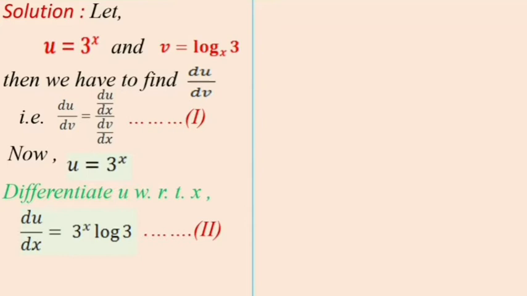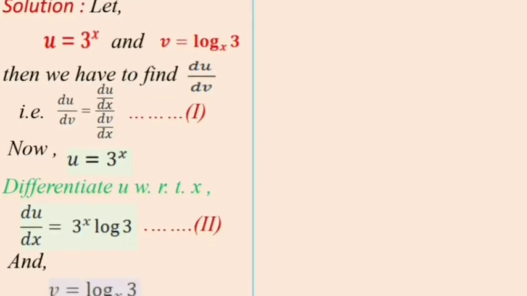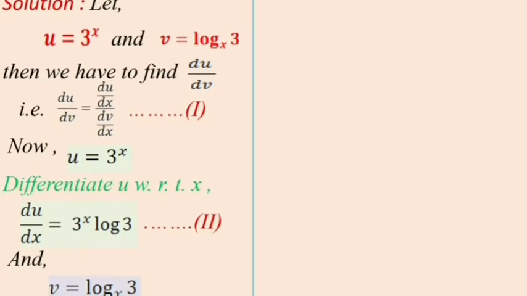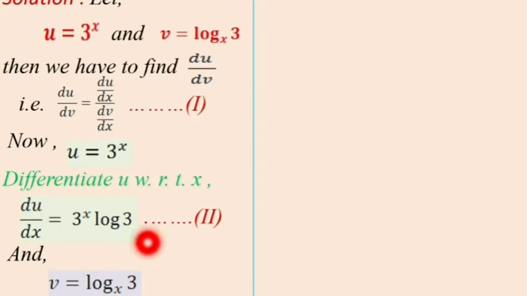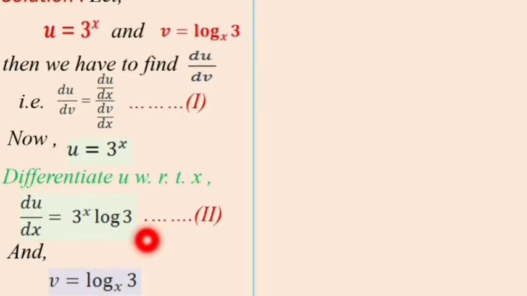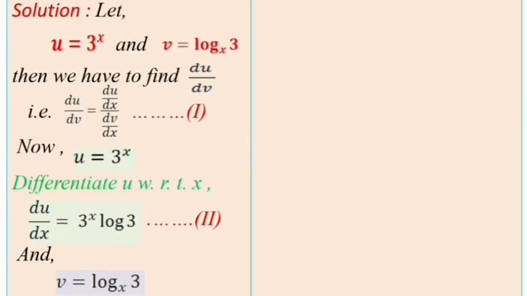Now let us take the derivative of the second function, that is let phi equal to log of 3 to the base x. Here we have to take the derivative of log of 3 to the base x, but here the base is x. But when you have to take the derivative of a logarithmic function, then the base of the logarithm must be e.